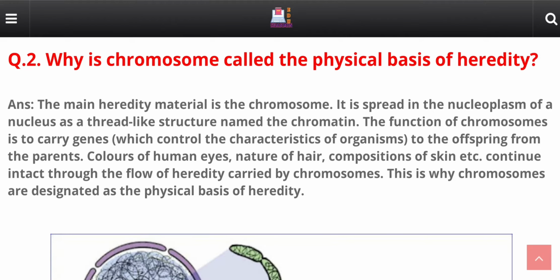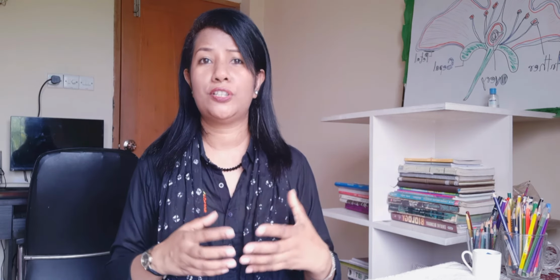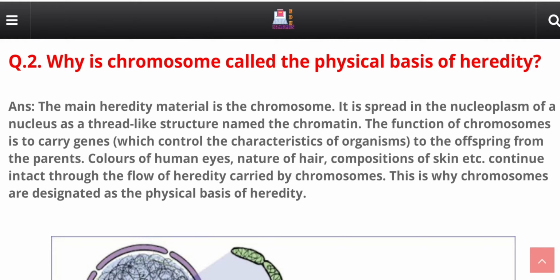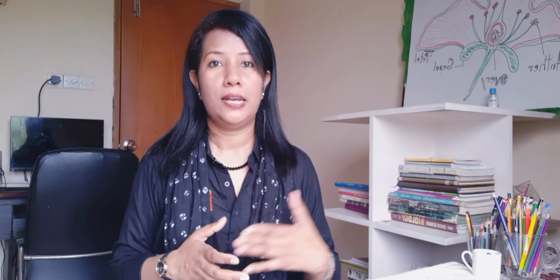For example, the offspring gets from the parents hair color, eye color and skin color. These are the characteristics of an organism. The flow of heredity is carried by chromosomes, and that's the reason chromosomes are designated as the physical basis of heredity.